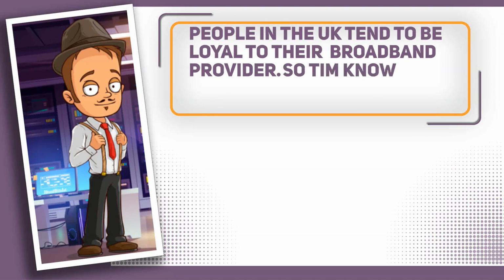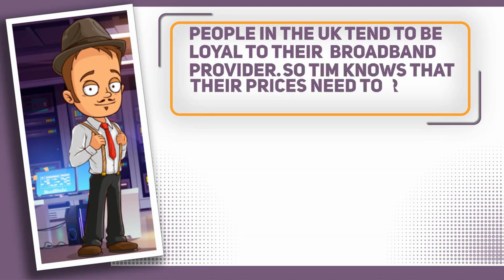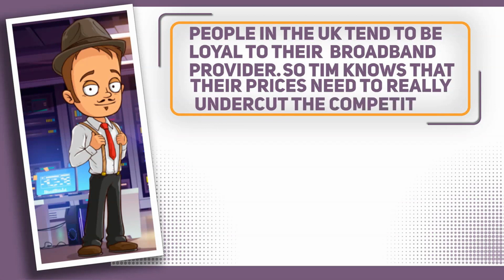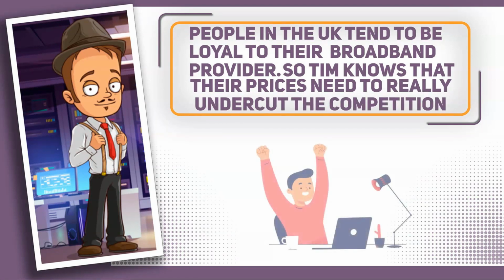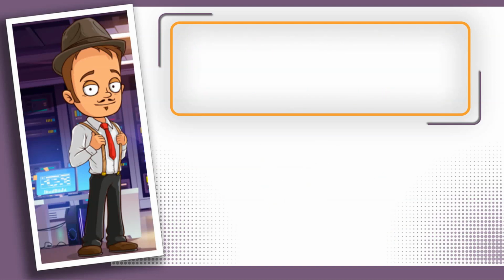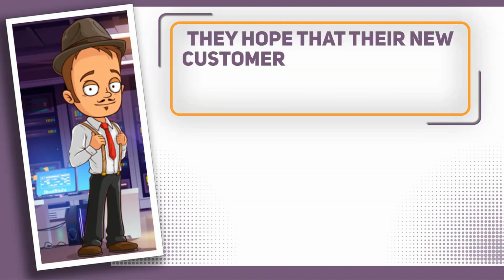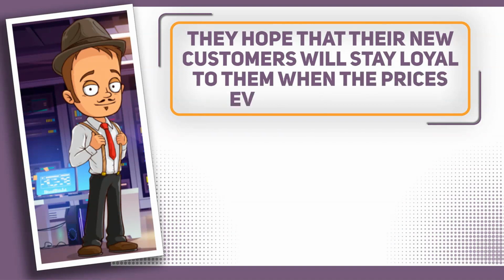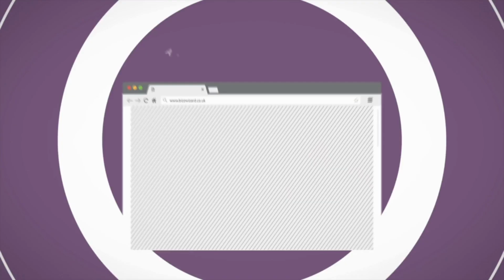So, Tim knows that their prices need to really undercut, meaning be less than, the competition, to make it an attractive offer, to persuade people to change from their broadband provider over to Dynasty Media. They want to grow their market share quickly and get Dynasty Media's name to be really well known within the industry. They hope that their new customers will stay loyal to them when the prices eventually go up.